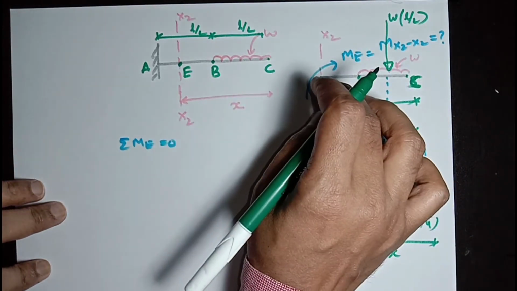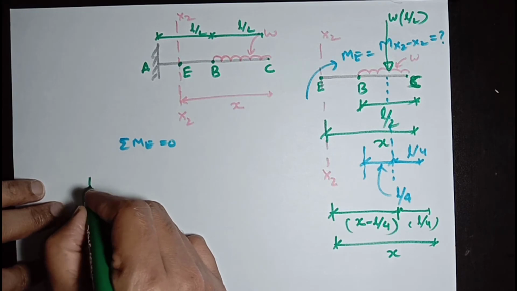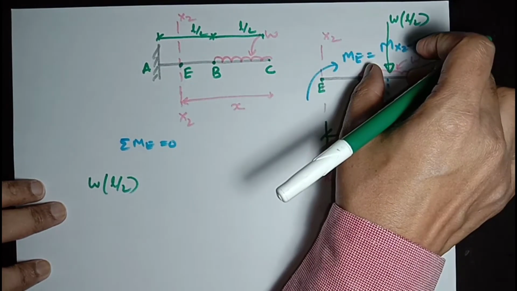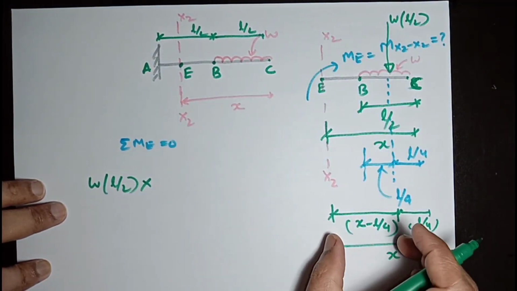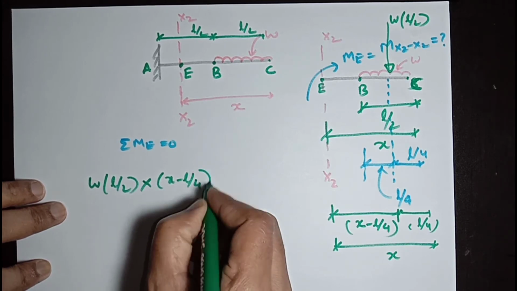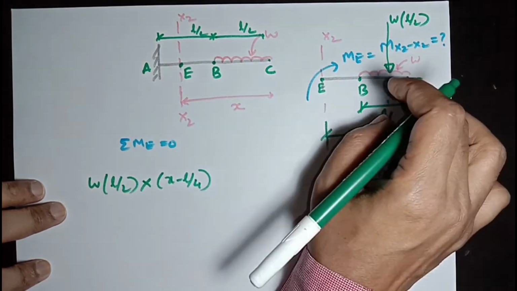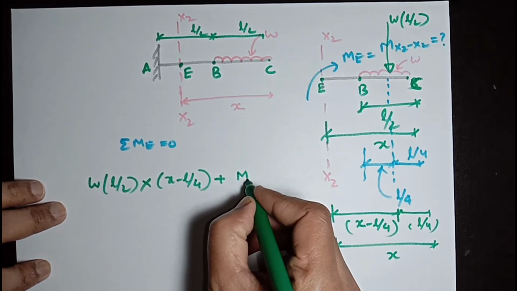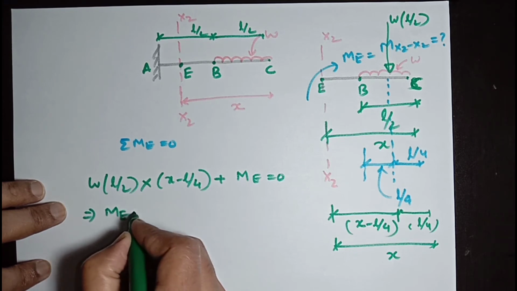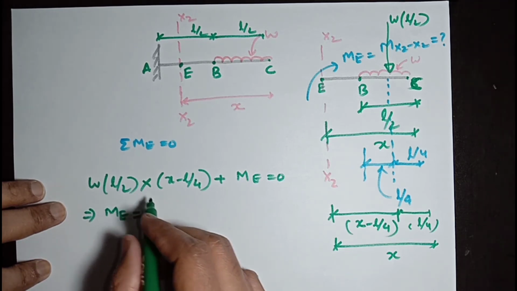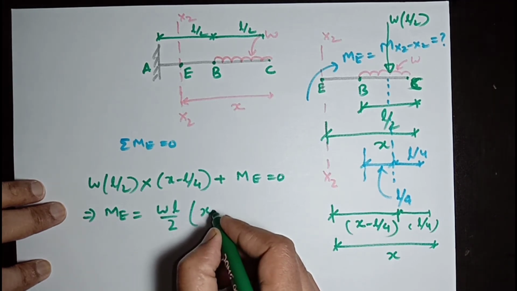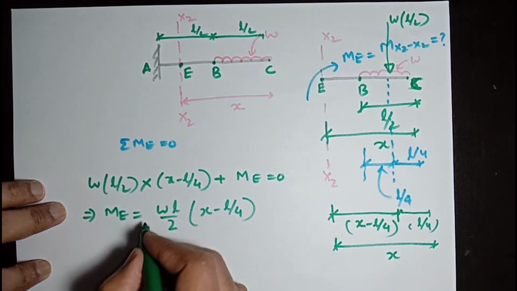So the total moment about E will be W into L by 2, the total load for this UDL, multiplying with the distance x minus L by 4, this is the moment for this UDL, adding ME will be equal to 0. So ME can be written as minus WL by 2 multiplying with x minus L by 4.